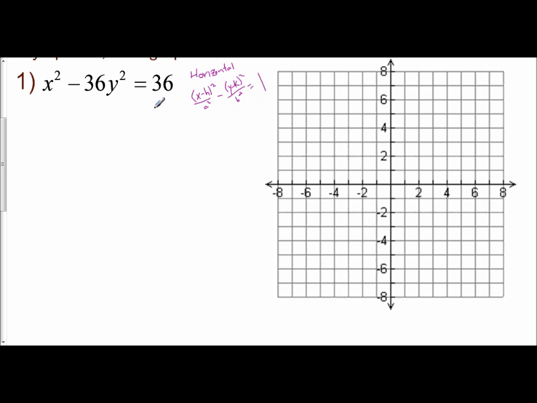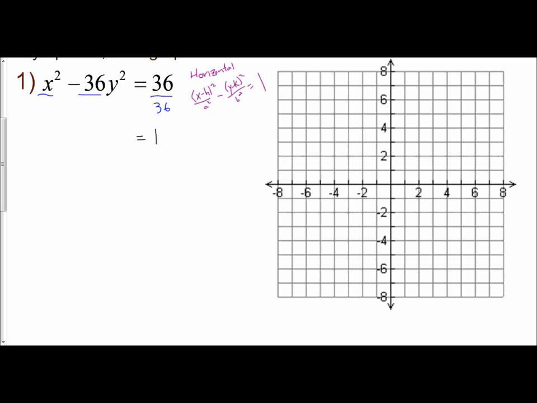Well, if I look right now, this is not in my standard form, and the reason why is because it has to be equal to 1. So what I'm going to do is divide every term by the 36 on the right, because 36 divided by 36 gives me 1.